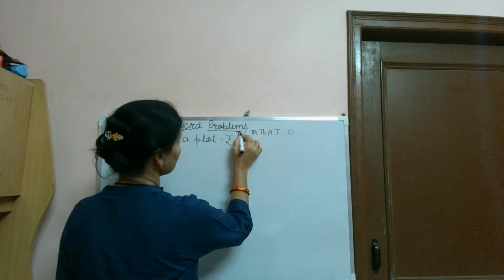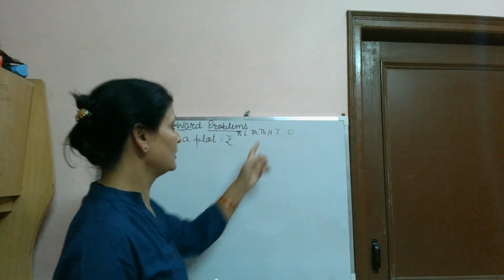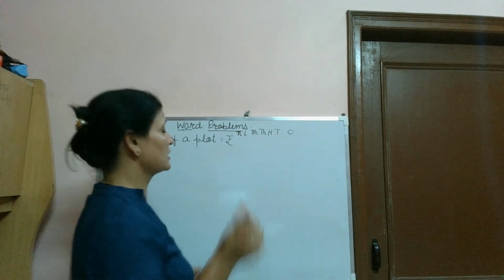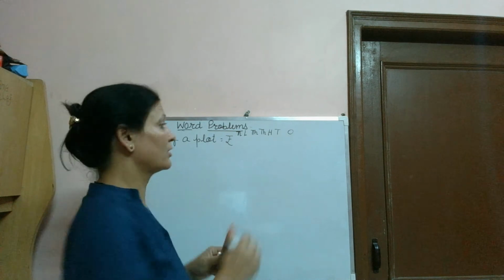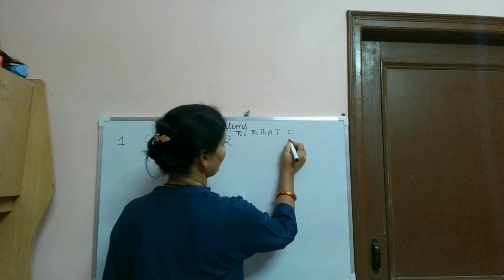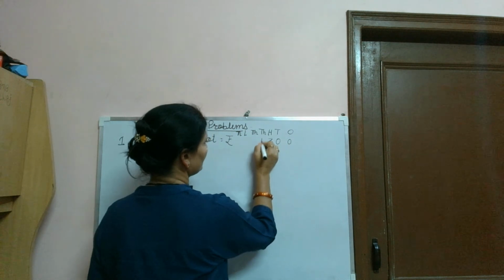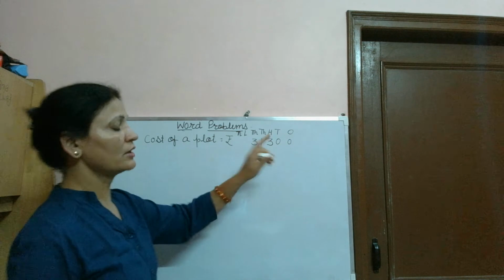So now we will start putting the numbers under the places. First we will start from the ones. 31,300. So we will start from ones: 0, 3. So now it is 31,300 rupees.